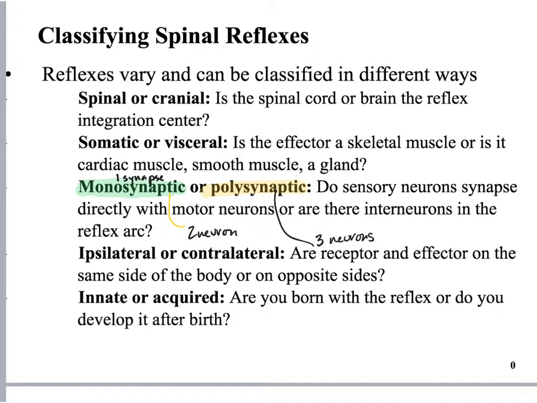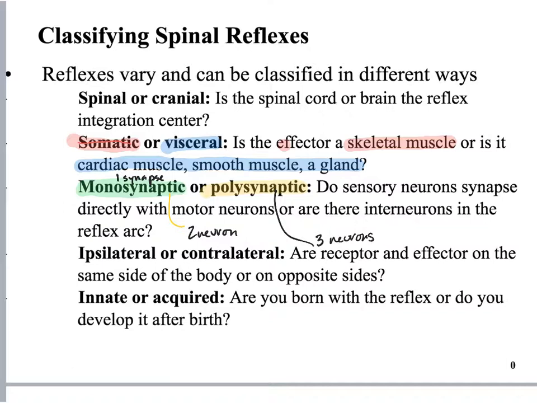We can classify whether spinal or cranial, right? Is the spinal cord or the brain the reflex integration center? Is it somatic or visceral? Is the effector a skeletal muscle? If it is, that's somatic. Or is it visceral: cardiac muscle, smooth muscle, or a gland?